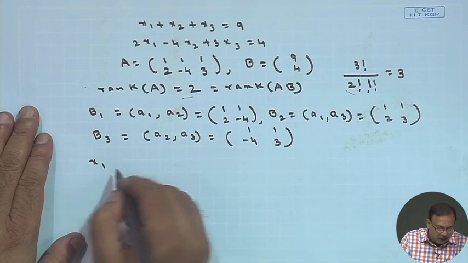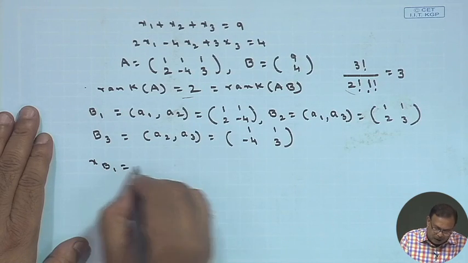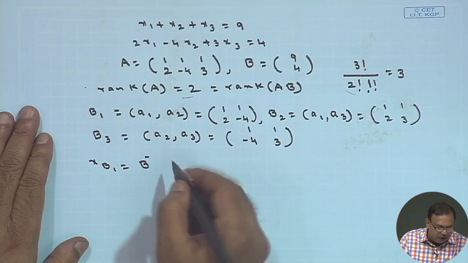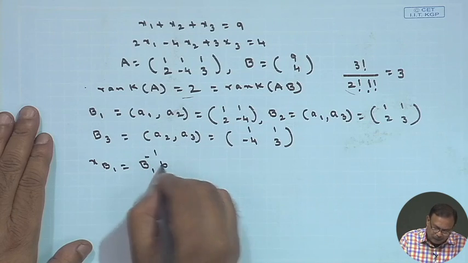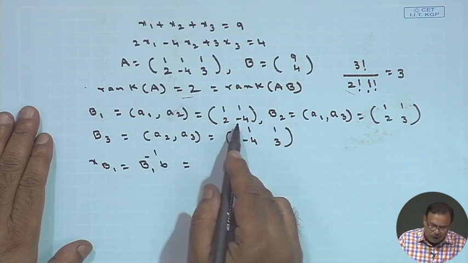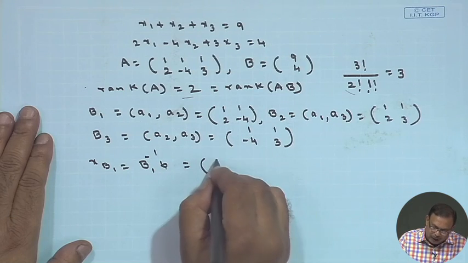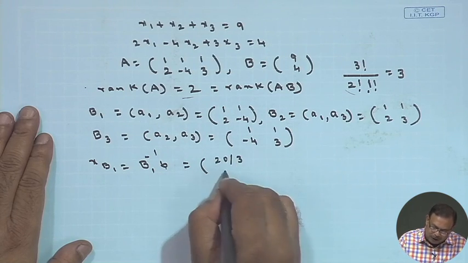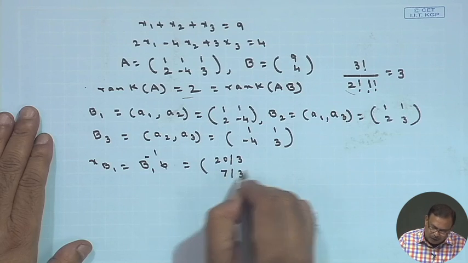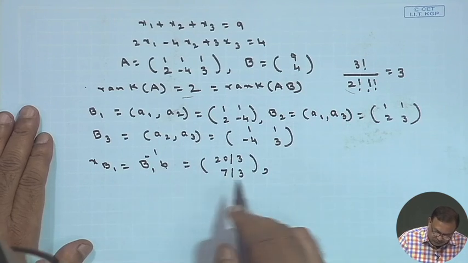I can write x B1 equals B1 inverse B. You know what is B1, what is B. If you calculate, you can obtain this value. This I am leaving for you because of shortage of time.